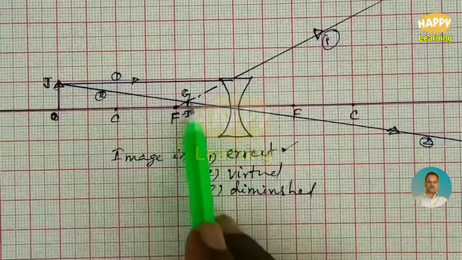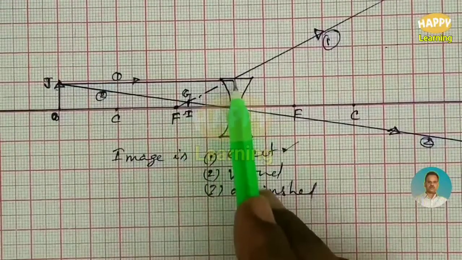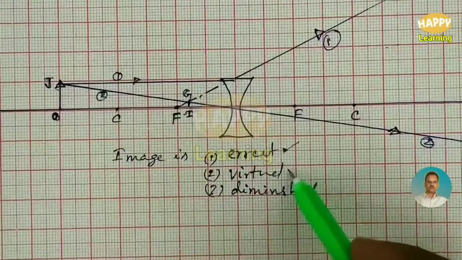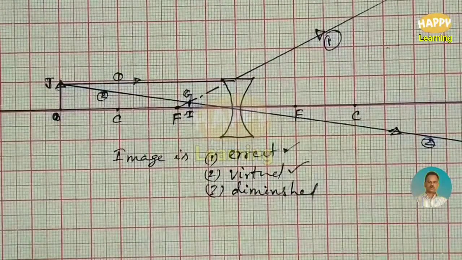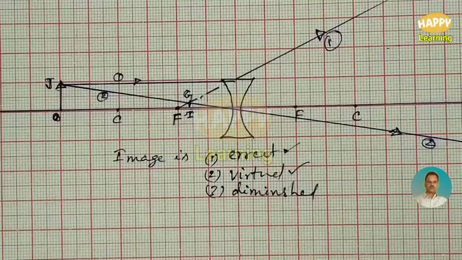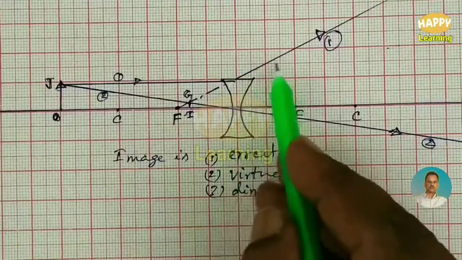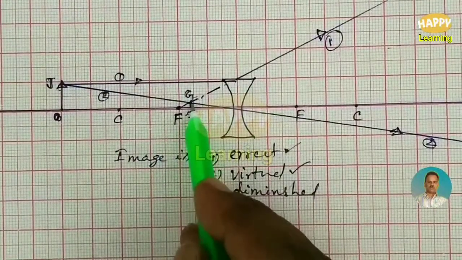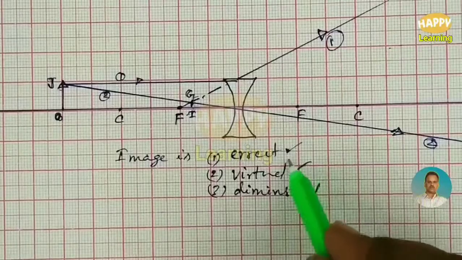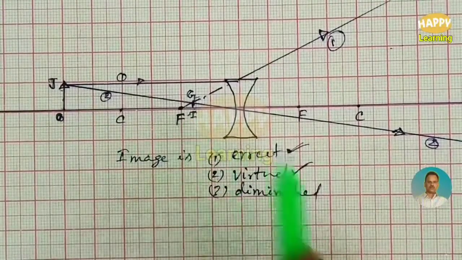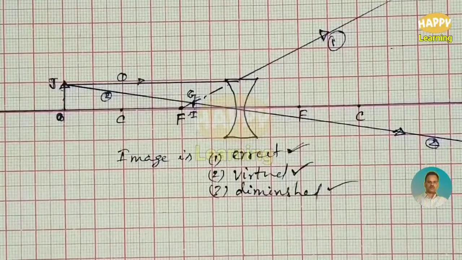Then because these lines are intersecting when you extend these rays back, in such case this is said to be a virtual image. If the two rays really meet, that is real image. If the two rays appear to be meeting when you extend the rays in the backward direction, like this ray is extended in the backward direction, here they appear to be meeting. So in such case, the image is virtual. Diminished: compared to the object size, this image size is small, so it is diminished.